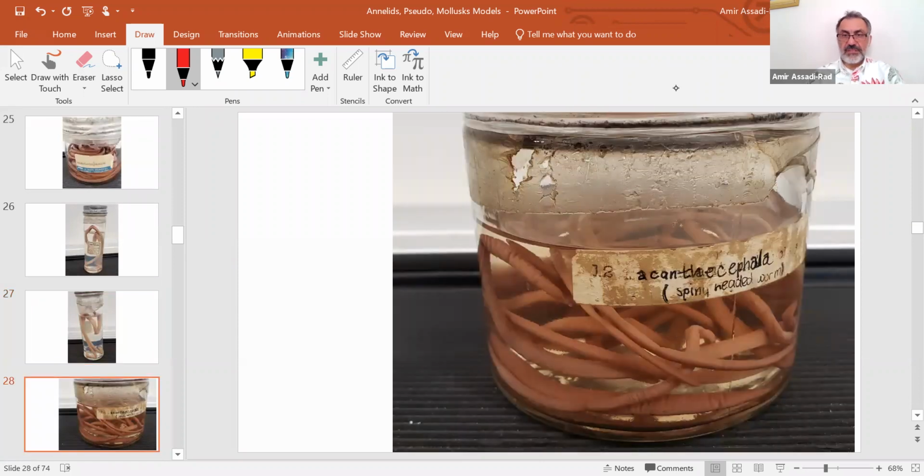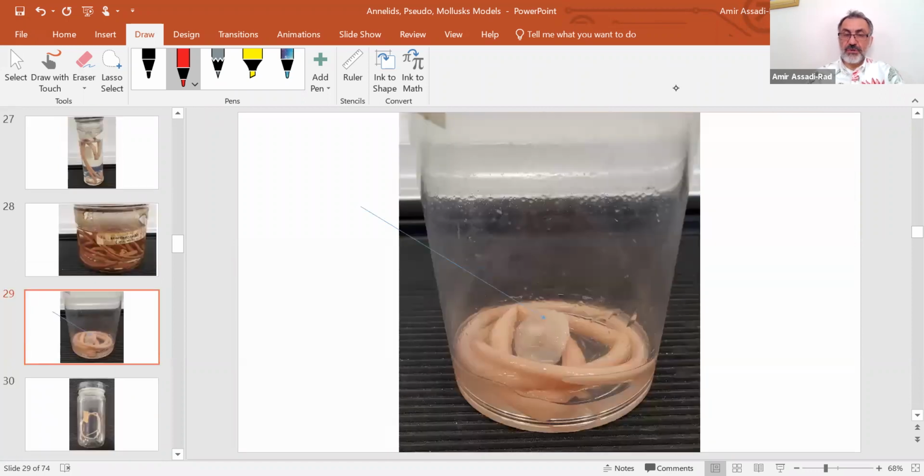Okay, Macracanthorhynchus, same jar, same species. Okay, definitely. This is the Macracanthorhynchus hirudinaceus because you can see the proboscis. The proboscis is embedded in that piece of stomach right here. That is a piece of stomach, intestine, gut that this worm has lodged itself into.